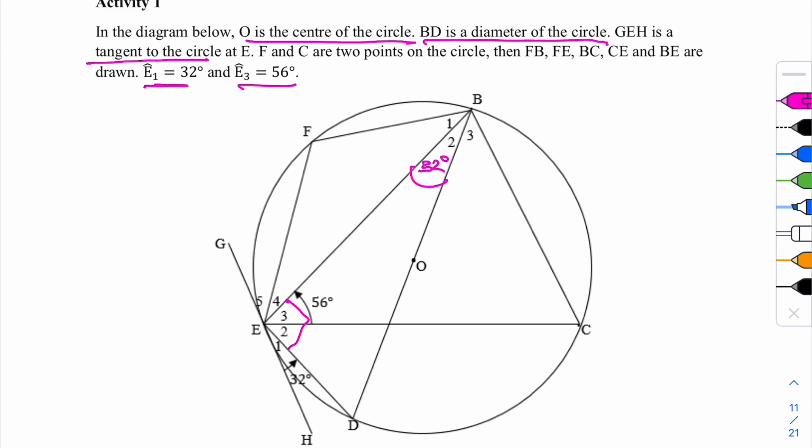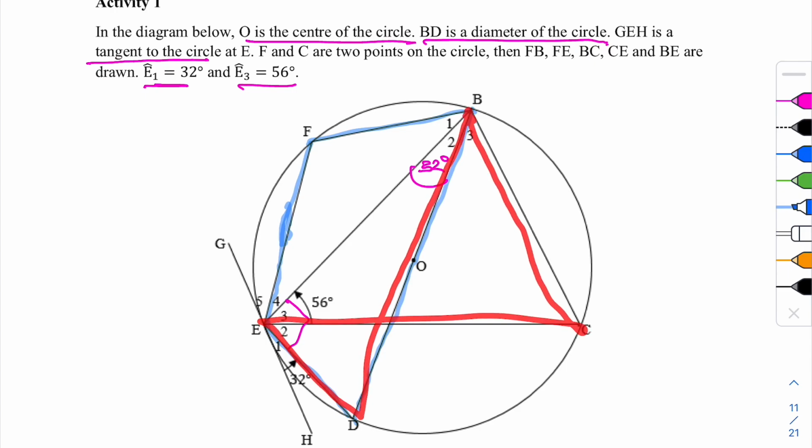Okay, then next we look for the cyclic quadrilaterals. There are a couple of them. The first one is this cyclic quadrilateral, FBDE. That's the first cyclic quadrilateral. The other one is this one.